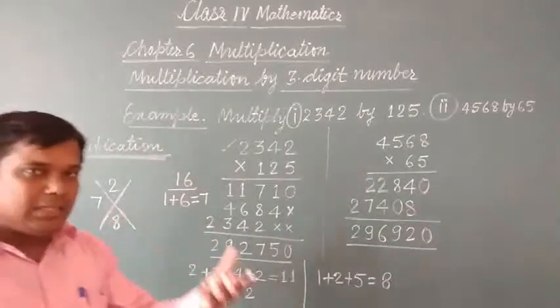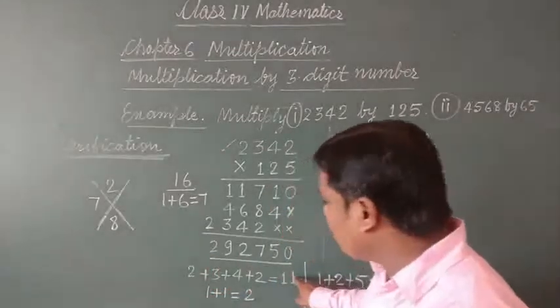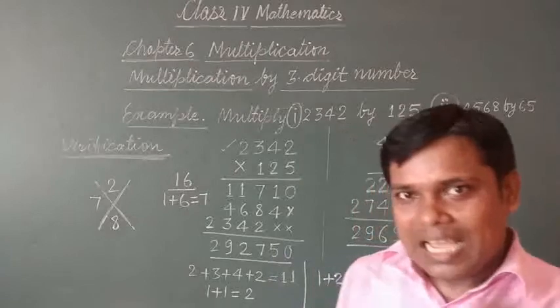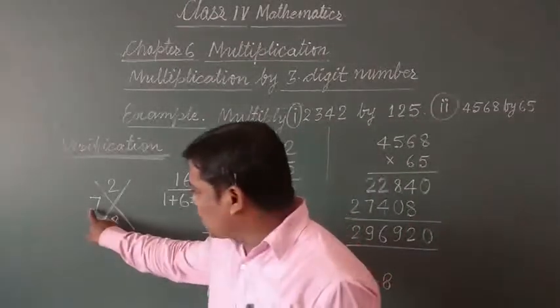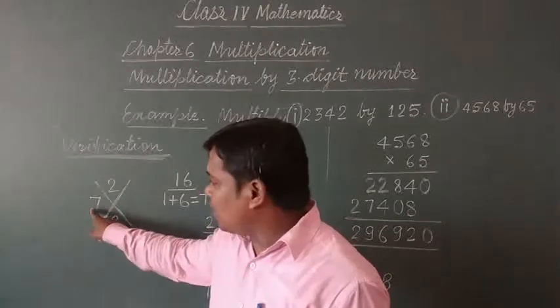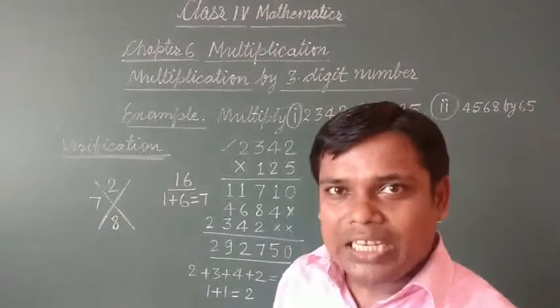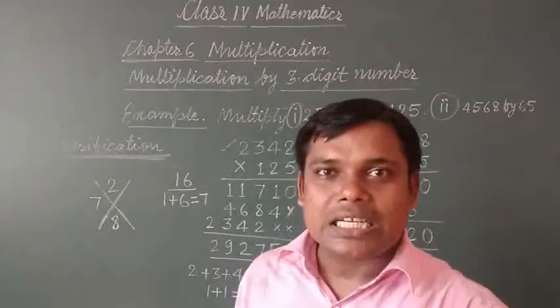Now, the last step. We have to add all the digits of the product and bring it to 1 digit. If the sum of the digits of the product is equal to this digit, not this one or this one, only this digit, then we can say that the product we have got is correct.